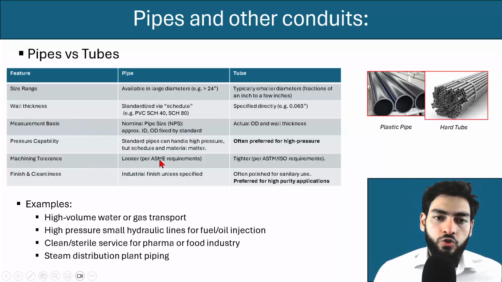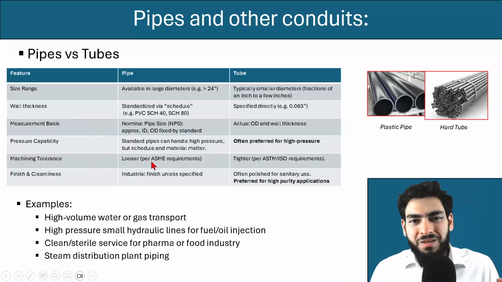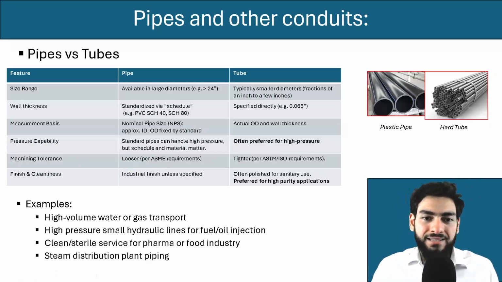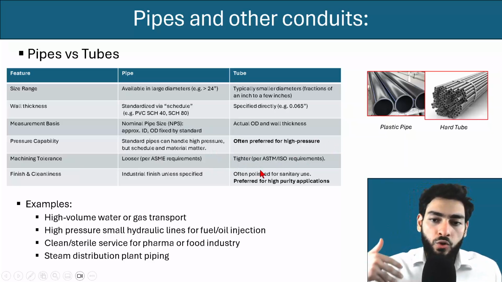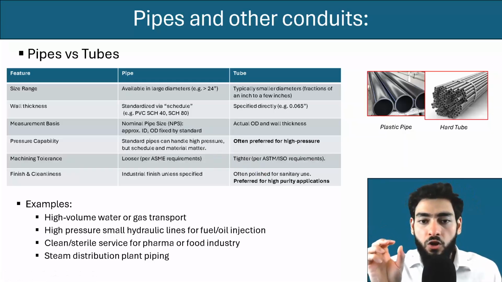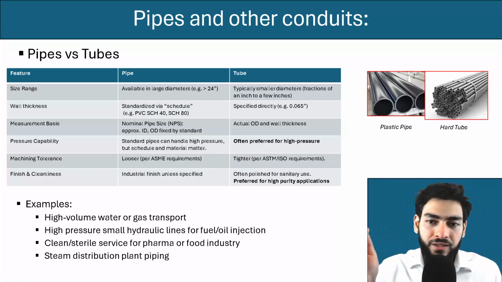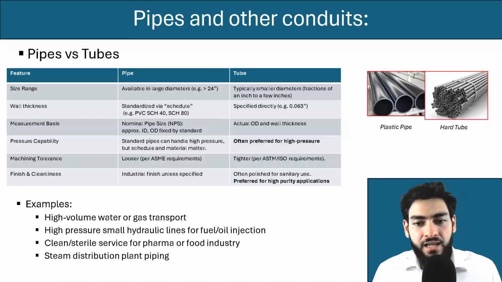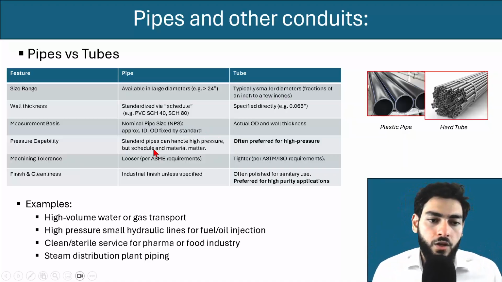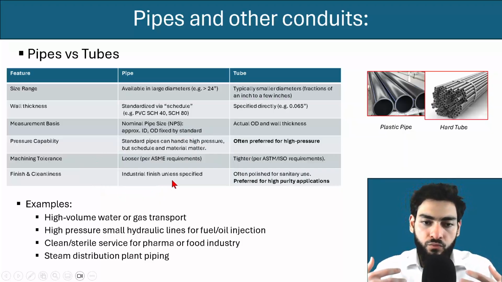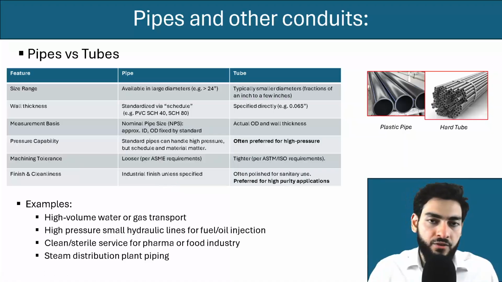Machining tolerances: usually pipes have looser machining tolerances, and what that impacts is just the OD and the ID of a pipe. However, tubes follow different standards, and therefore the tolerance for the OD and ID variability is a lot tighter. When it comes to finish and cleanliness, usually pipes are used with industrial finishes unless otherwise specified.